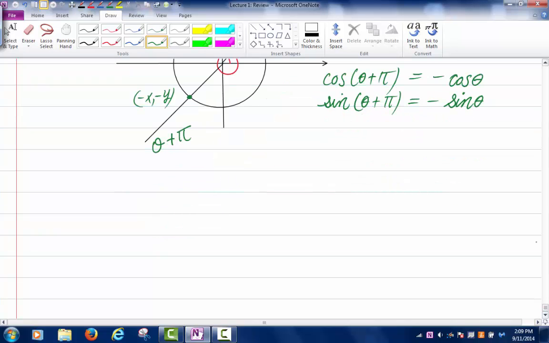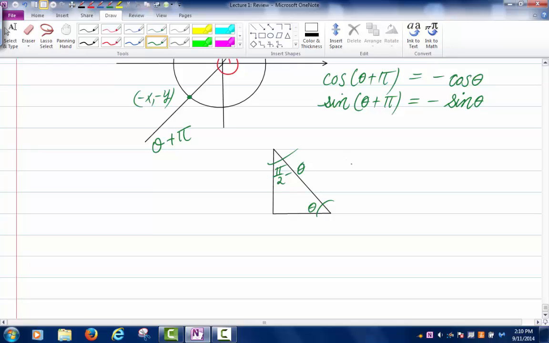Also notice that, let me make a triangle here, a right triangle. So let's say I have a right triangle. This is theta. So what's the measure of this angle? It's pi over 2 minus theta, right?